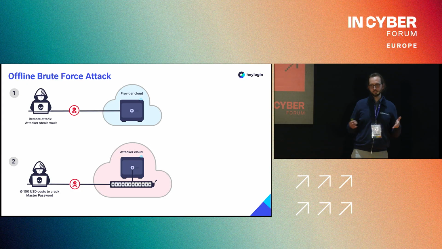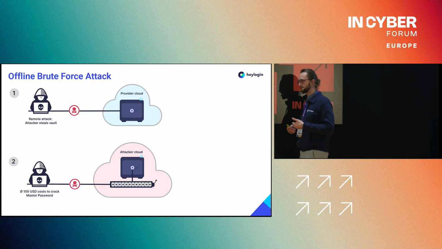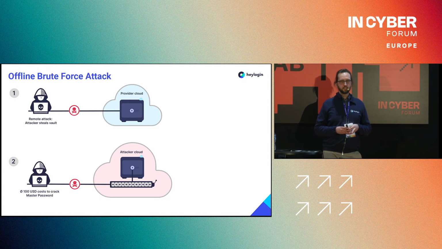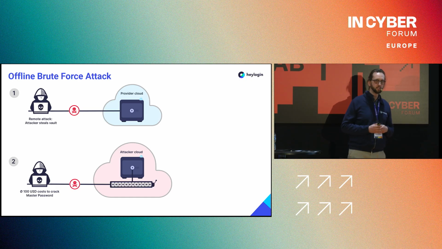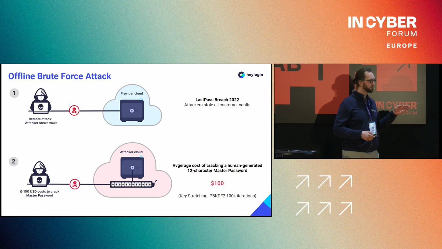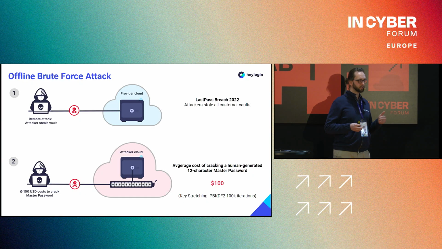What they did next is to try to brute force master passwords. A lot of master passwords are just 12 characters long, with upper and lower case characters, special characters, numbers, etc. But still, if it's just 12 characters, you can brute force it in your own attacker cloud, and it costs on average $100.